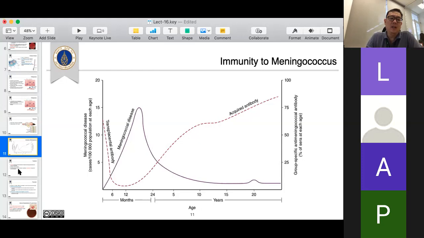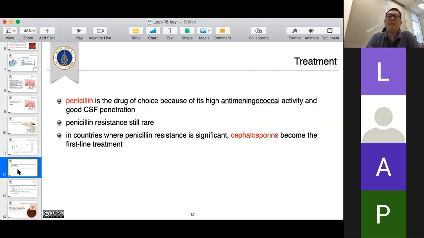That's the epidemiology. For treatment, penicillin is still good in some countries. Some countries overuse penicillin and Neisseria develops resistance, so cephalosporin became the first line treatment also.